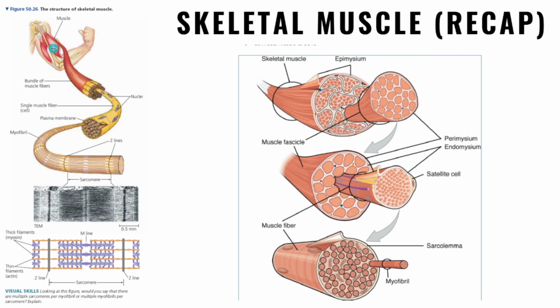So when you take out one fiber bundle of muscle fiber, like a pipe, you will see many single muscle fibers here. You can see there are many single muscle fiber cells, and in one single muscle fiber cell, they have many myofibrils.